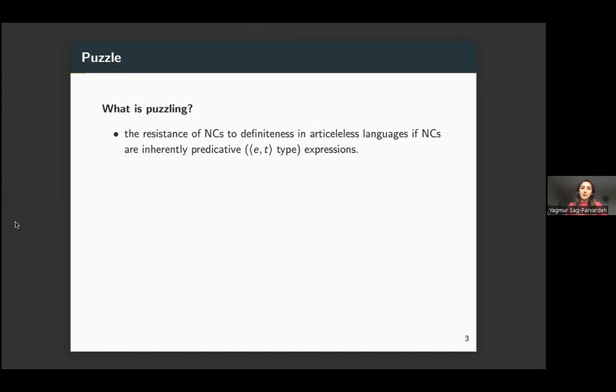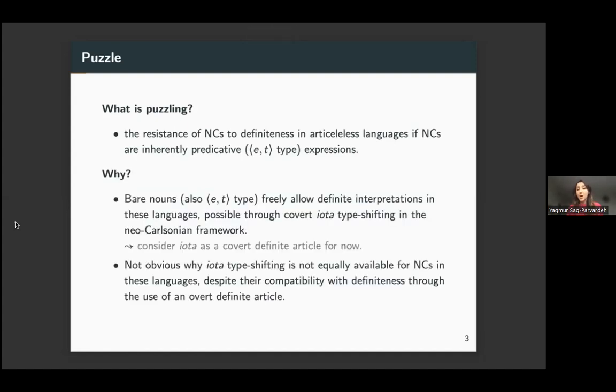It is puzzling that numeral constructions resist definiteness in articleless languages if they are inherently predicative expressions. Why? Because nouns are also predicative expressions and they freely allow definite interpretations. We assume that this happens through covert iota type shifting, and consider for now iota as a covert definite article, but we will come back to that.